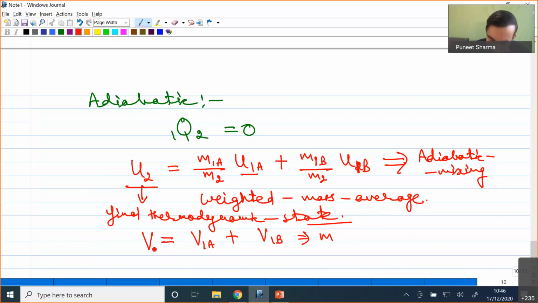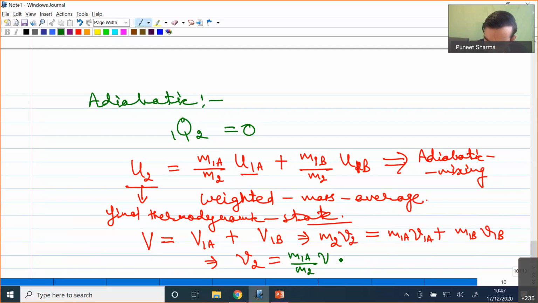So I can write this total volume as M2 into v2, equal to M1A into v1A plus M1B into v1B. Okay, so finally I'll find that my final specific volume is equal to M1A divided by M2 into v1A plus M1B by M2 into v1B.